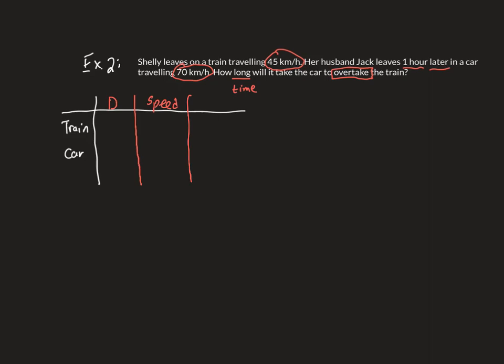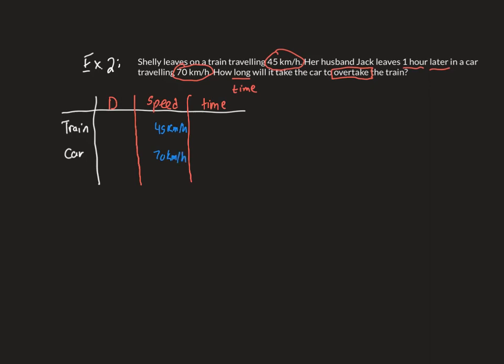And you've got time. Okay. So we know our speeds already. Our speeds are 45 kilometers per hour for the train. And we got 70 kilometers per hour for the car.